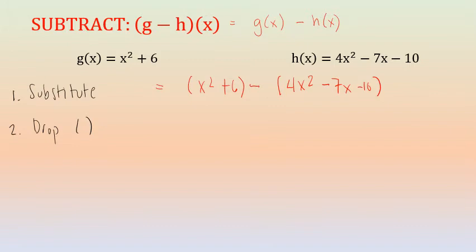So, let's say, gamitin natin sa example kanina. So, let's say we have 3 minus 2. This is equals to positive 1. What about this one? Paano kapag binaliktad natin siya? Paano kapag 2 minus 3? Is this still equal to positive 1?